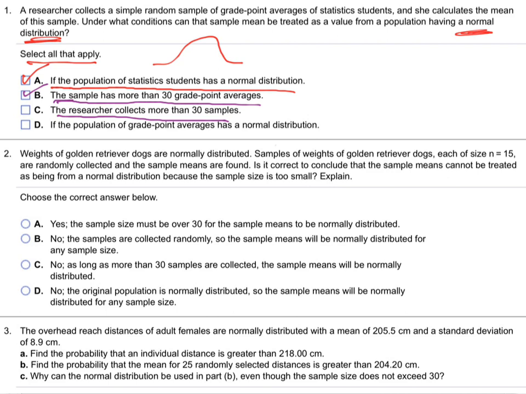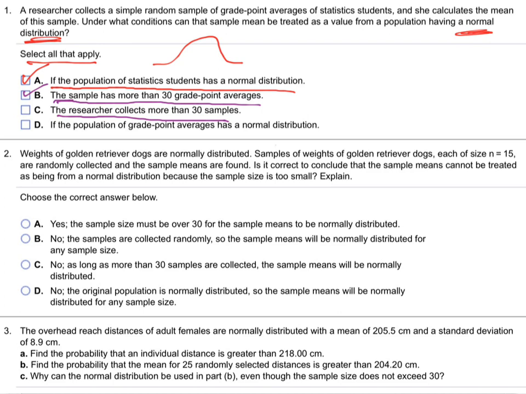So there's a whole bunch of statistics students out there, and the researcher grabs one sample that is 30 grade point averages. Averages them all together, right? The sample comes from 30 grade point averages. That'd be like me saying I rolled 30 dice and got the average of 30 dice.